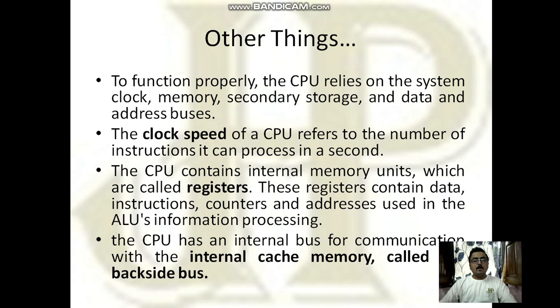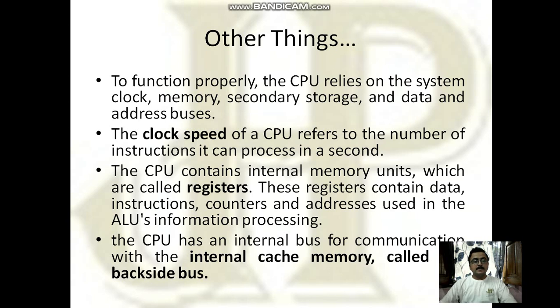The clock speed of a CPU refers to the number of instructions it can process in a second. Clear? With the help of clock speed, we can identify the speed of the CPU, or as a layman, you can say the speed of a computer.